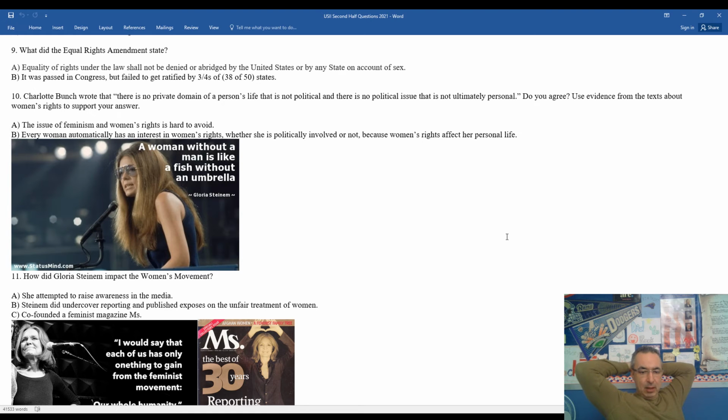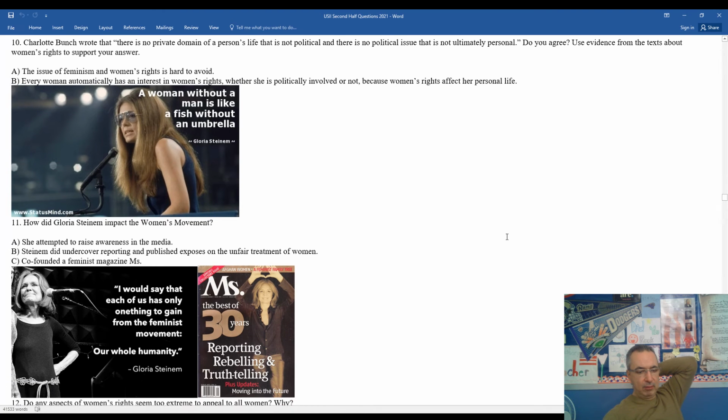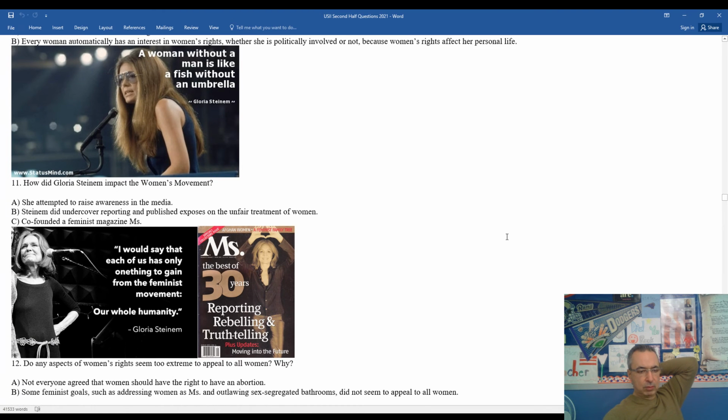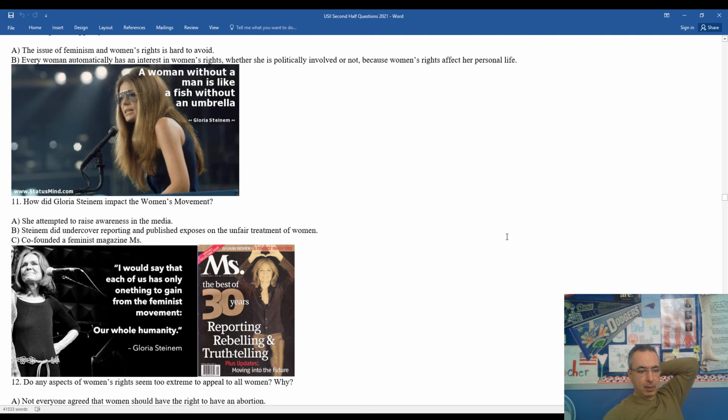Steinem did undercover reporting, published exposés on the unfair treatment of women, and she co-founded the feminist magazine Ms. A couple more images there of Gloria Steinem, as well as additional quotes. Quote from her, "I would say that each of us has only one thing to gain from the feminist movement, our whole humanity." There's a cover of the magazine with Gloria Steinem on the cover.